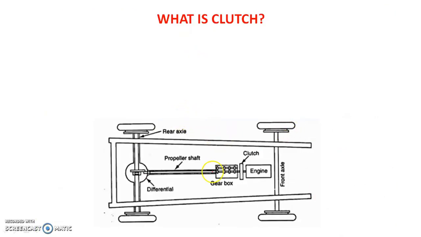What is clutch? Before that, you will see the figure of automobile. Here there is an engine and here there is a gearbox. Between that engine and gearbox there is the location of this clutch. Along with that, you will see here differential, the propeller shaft, the rear axle and the front axle. So what is the clutch doing? What is clutch?